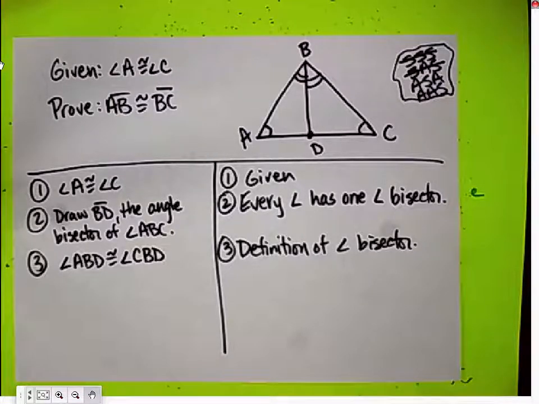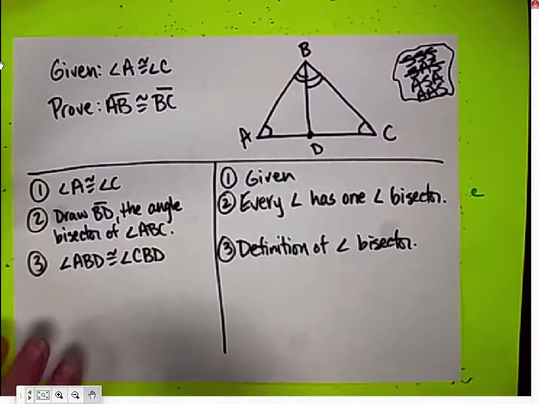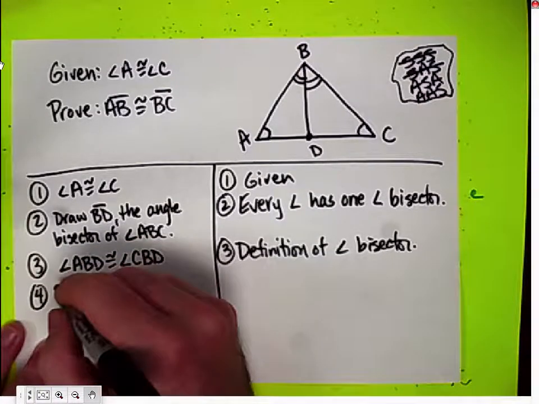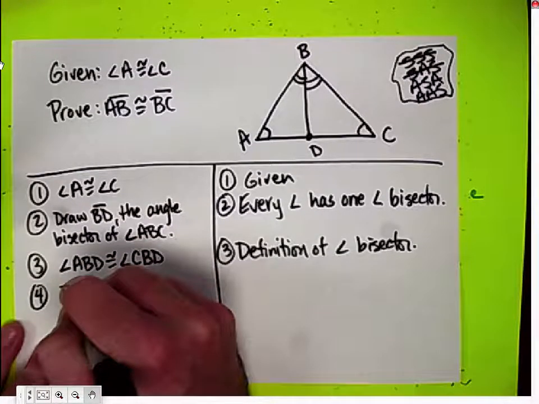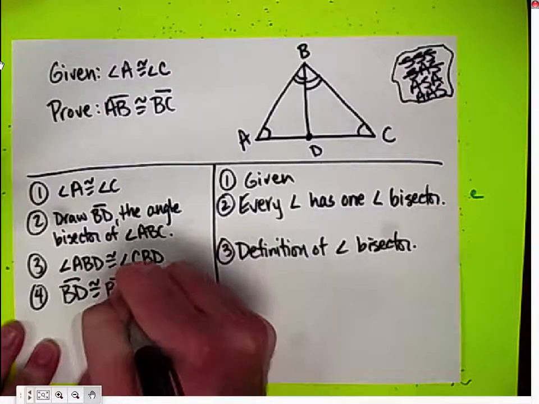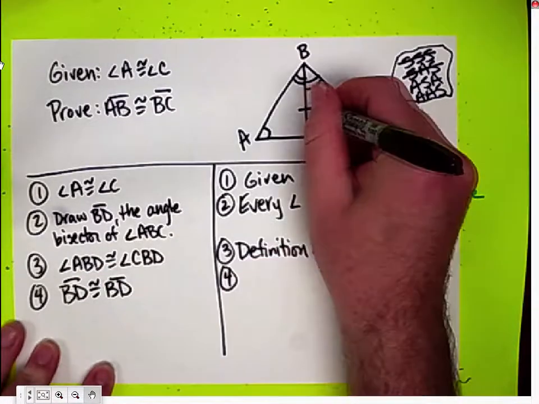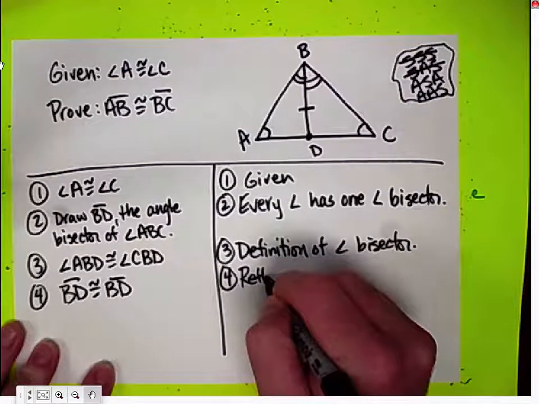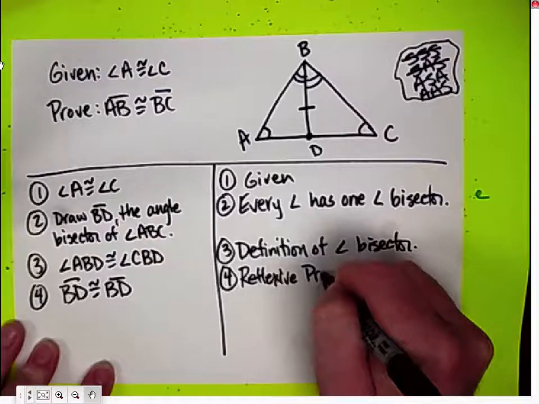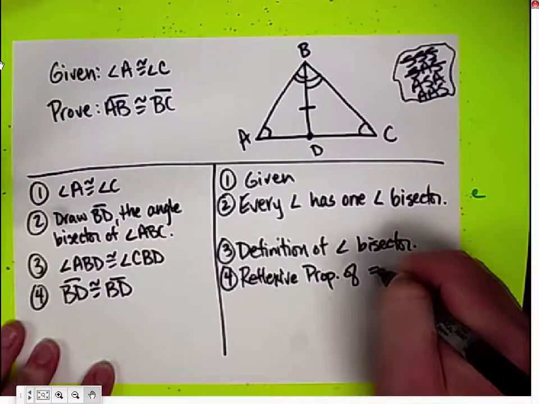So all you have to do is find any pair of sides on both triangles that's congruent. Is there a line on ABD that you know is congruent to a line on CBD? Yes, BD, because it's in both triangles. So BD is congruent to BD. What's the reason? Reflexive property of congruence.